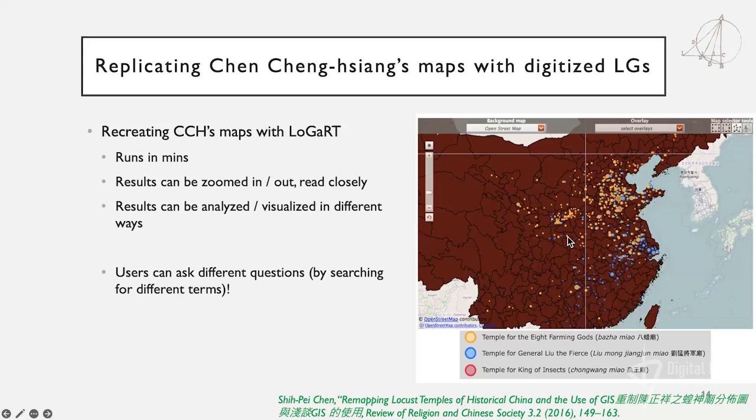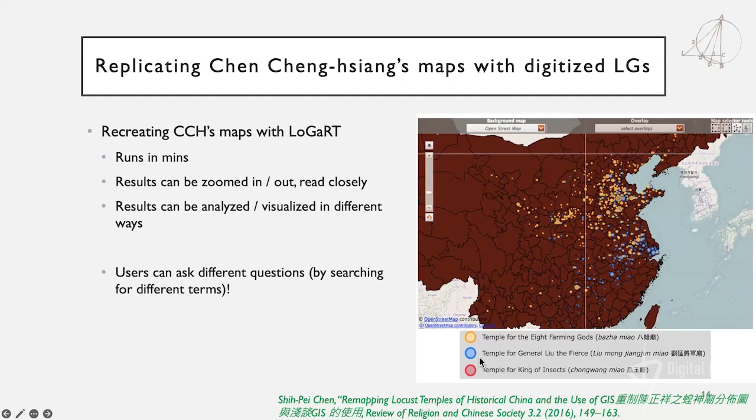For example, what I did here with different colors is distinguish the different temple names. And I realized the temples for the farming gods, that's the yellow one, are usually named in the north, in the Yellow River region.